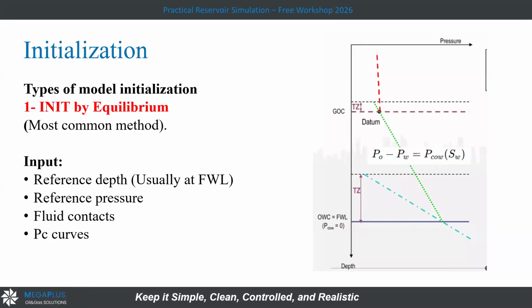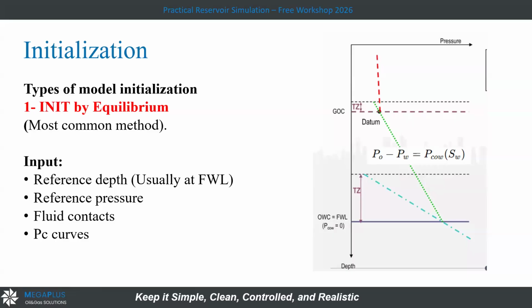But here is another thing, a very tricky note. Many people don't know it, and it is asked many times in interviews. The reservoir simulation doesn't know something called oil water contact or gas oil contact. Reservoir simulation depends on the free water level. Maybe you will find it in some software called contacts, but it's not the contact. It is the free water level.